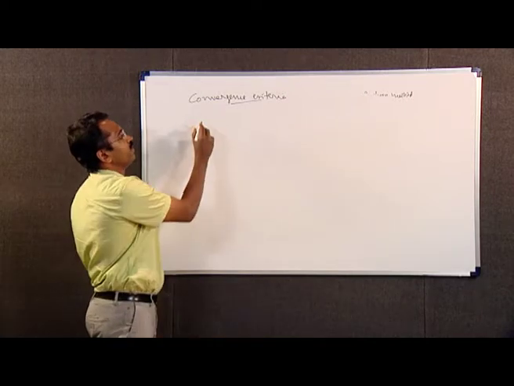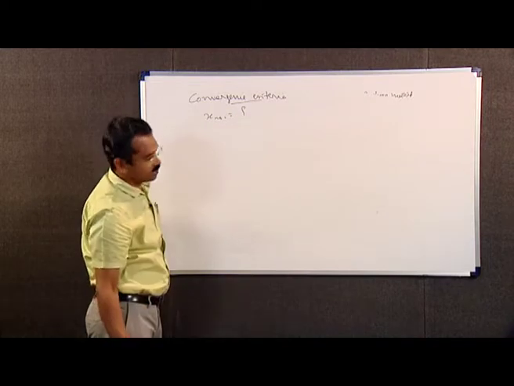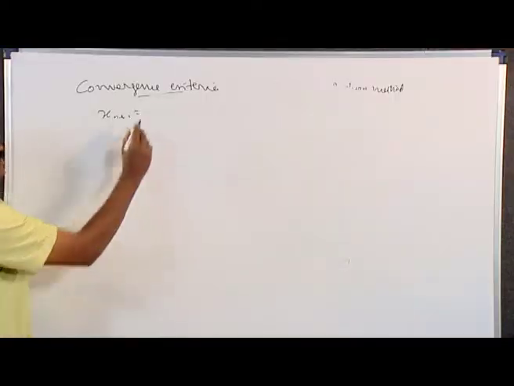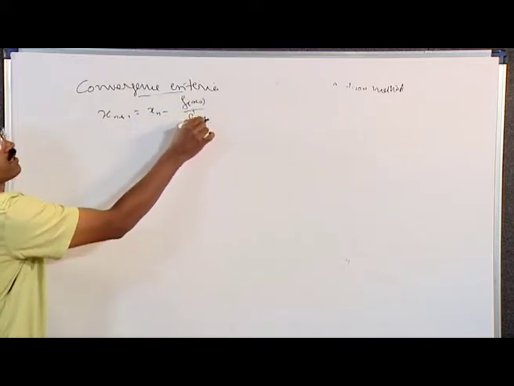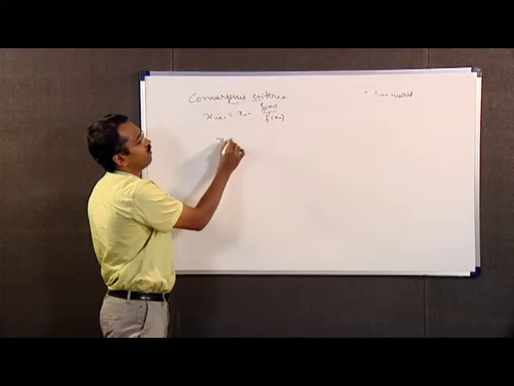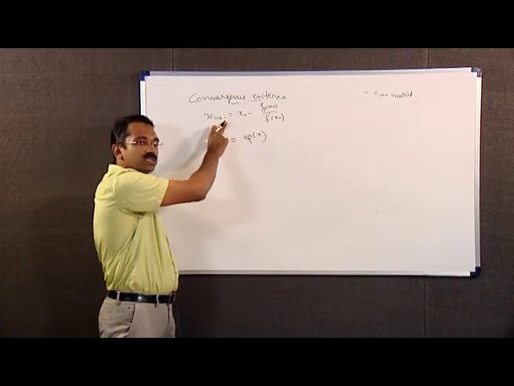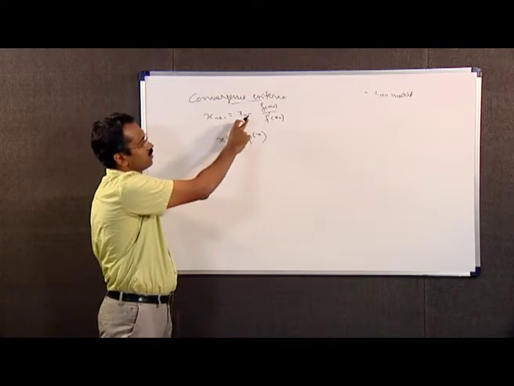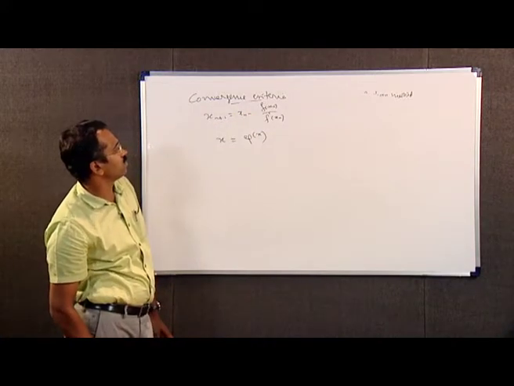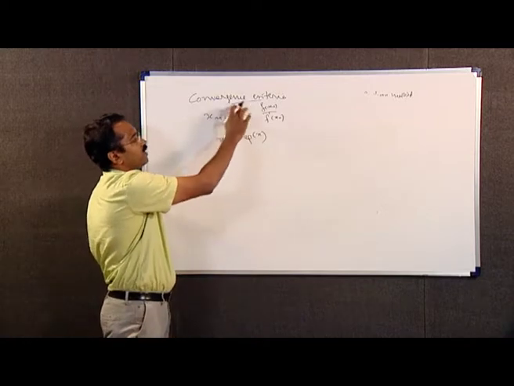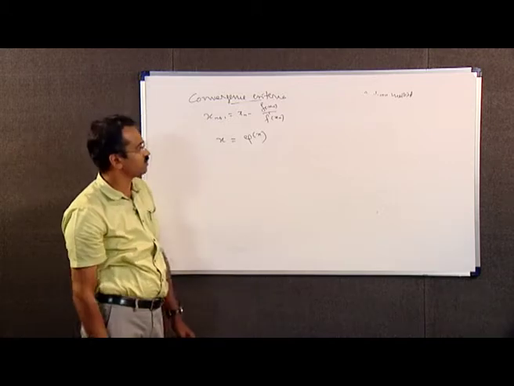The Newton-Raphson formula is x n plus 1 is equal to x n minus f of x n divided by f dash of x n, which is of the form x is equal to phi of x, because x n plus 1 is the approximate value of the exact root x and x n is also an approximate value of the exact root x. Therefore, we can express this formula as x equal to phi of x.